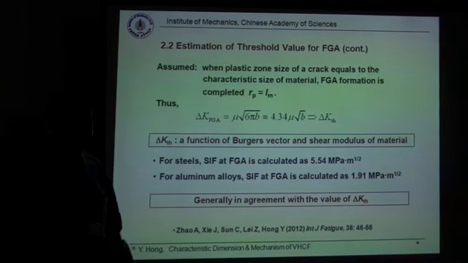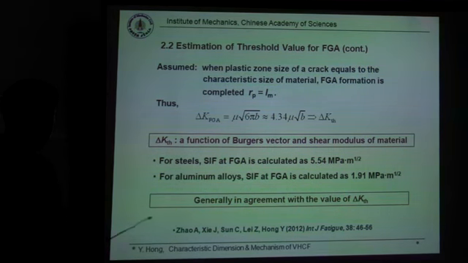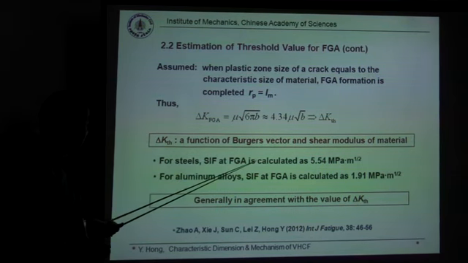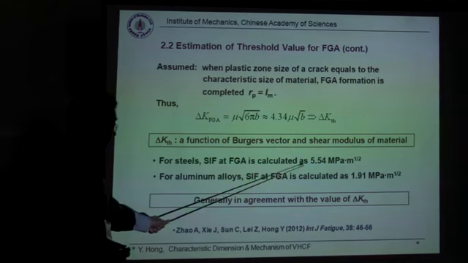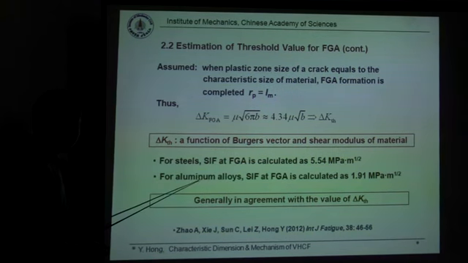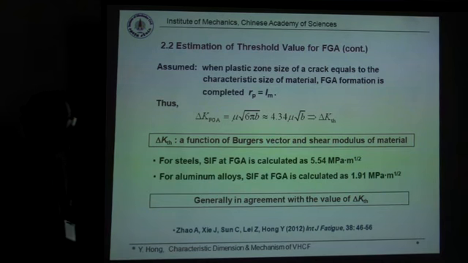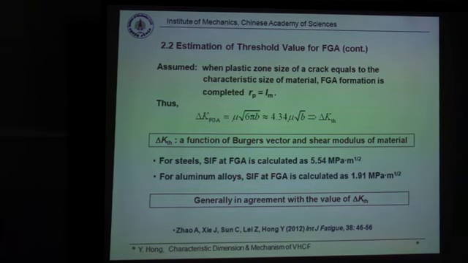This formula is very similar to the one previously presented by Murakami and Paris' group. And we may get this value to show the value of delta K FGA is about 5.5 megapascal square meter for steels, and for aluminum alloy is about 1.9. And this value is quite well in agreement with experiments.